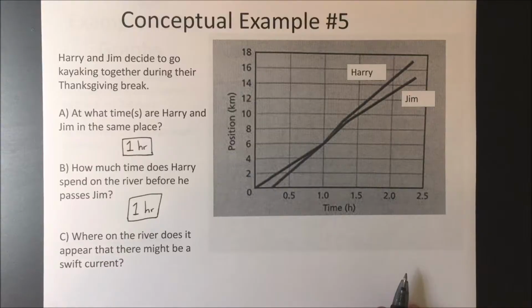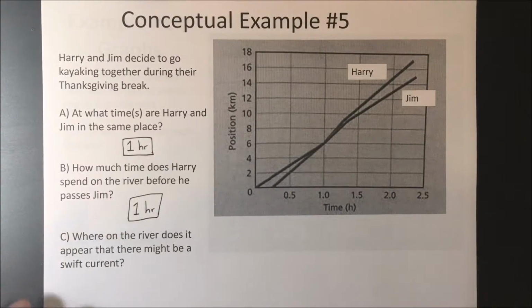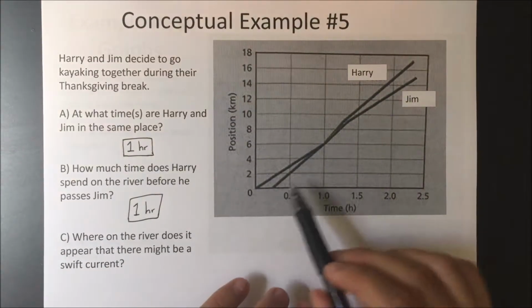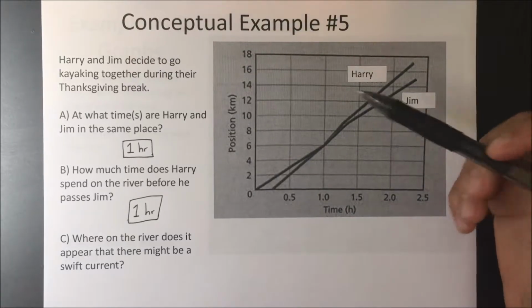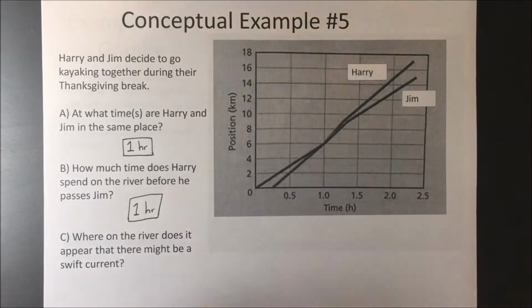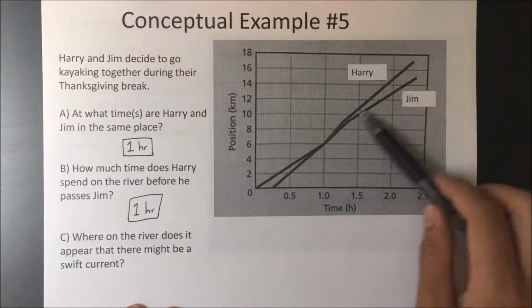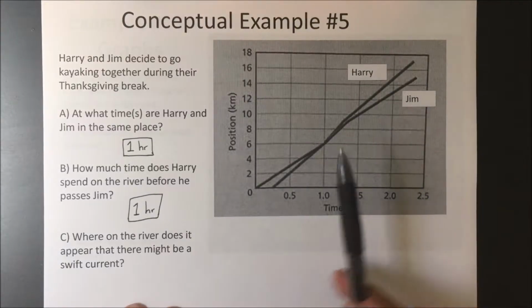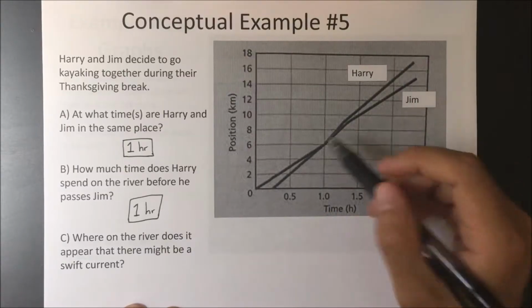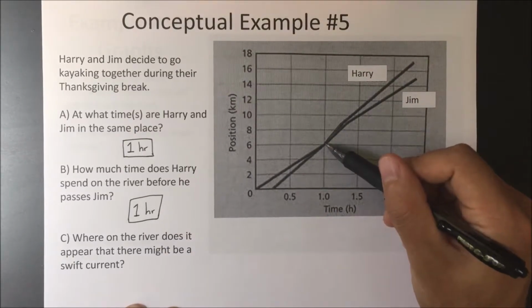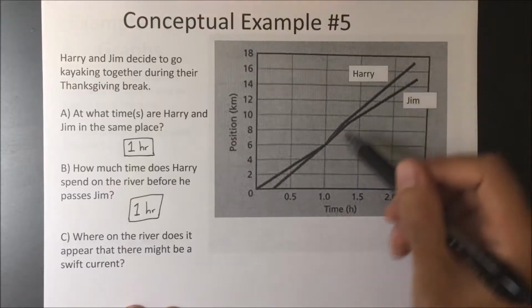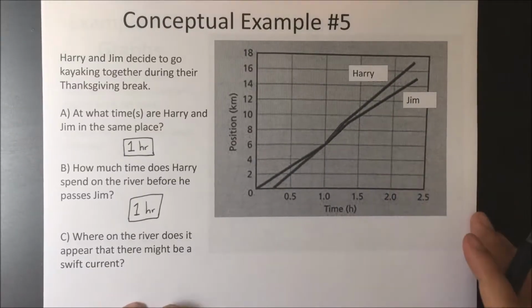Where on the river does it appear that there might be a swift current? So we're going to be looking at this, and what we want to see, where there's a swift current, is when they start to go faster. So we can see that this is pretty linear over here and linear here, and this is also linear, but it has the steepest slope right here. It goes from going like this to going dramatically more steep over here.